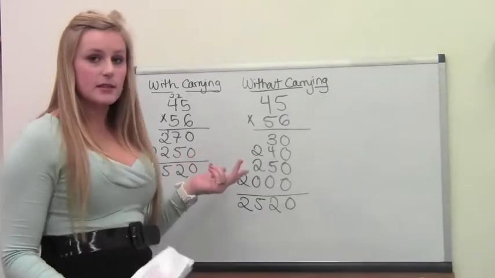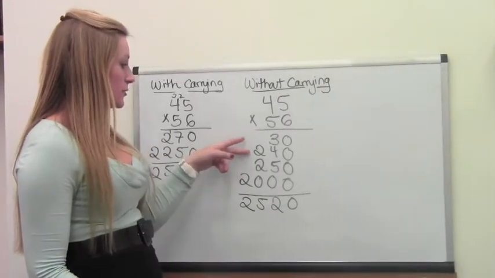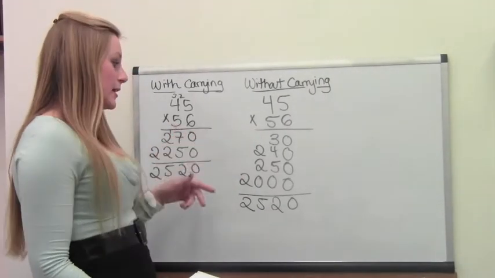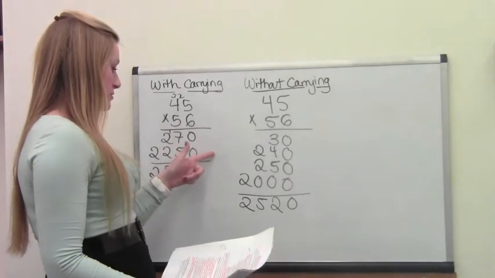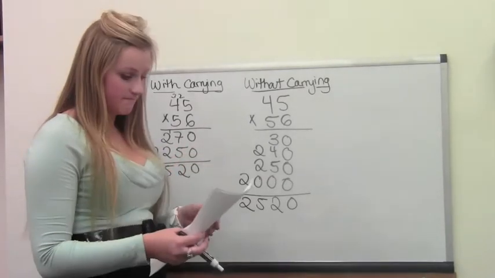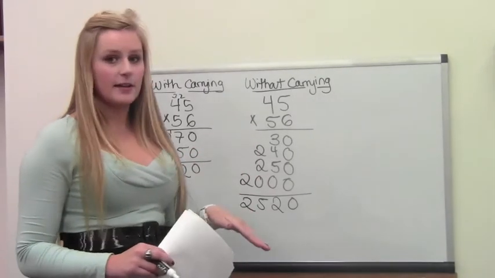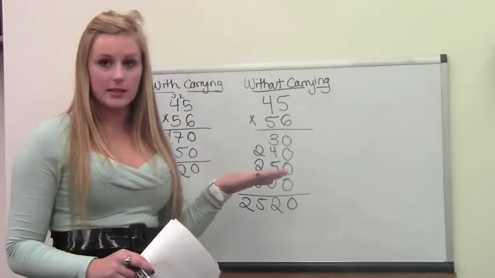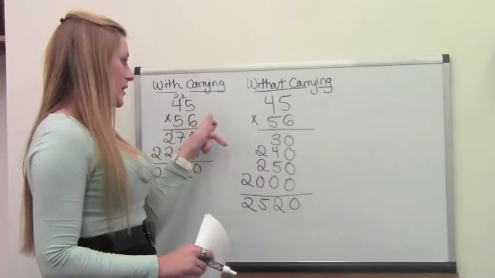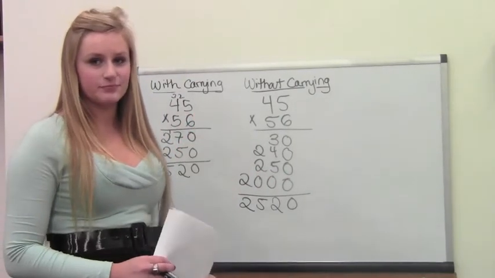However, it's clear to see that these two methods are equivalent, as 240 plus 30 is clearly 270, and 250 plus 2,000 is 2,250. Therefore, students may choose to use the method that doesn't use carrying if they feel more comfortable adding, obviously carrying being involved here too, than carrying during the actual multiplication.